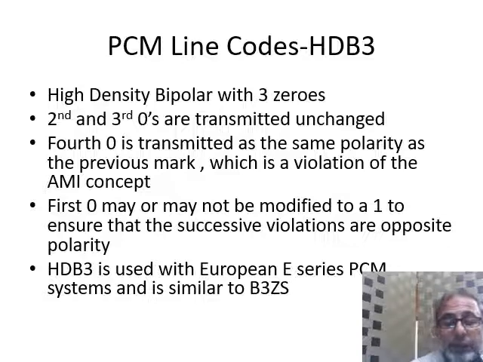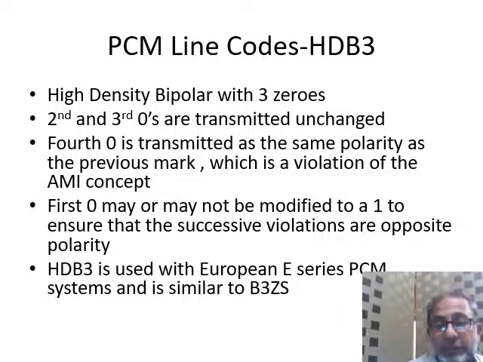Now let's see how the most famous line code, which is used in PCM, works. It is called the HDB3, high density bipolar with 3 zeros. So in the previous slide we have seen examples for 6 zeros and 8 zeros, but if we have 3 zeros, then the second and the third zeros are transmitted unchanged. The fourth zero is transmitted as the same polarity as the previous mark, meaning 1, which is a violation of the AMI, alternate mark inversion concept.